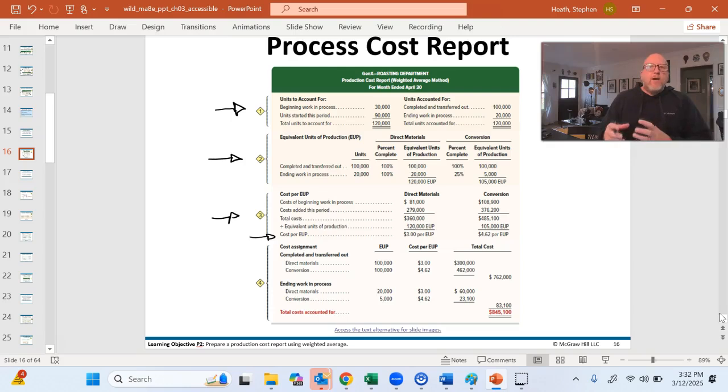Then once we have the cost per equivalent unit, the last step is we can create the financial statements. We apply the cost per equivalent unit to the units that have been transferred out, and then we apply the cost per equivalent unit to the units that remain in work in process. And again, we are breaking out direct material and conversion costs.